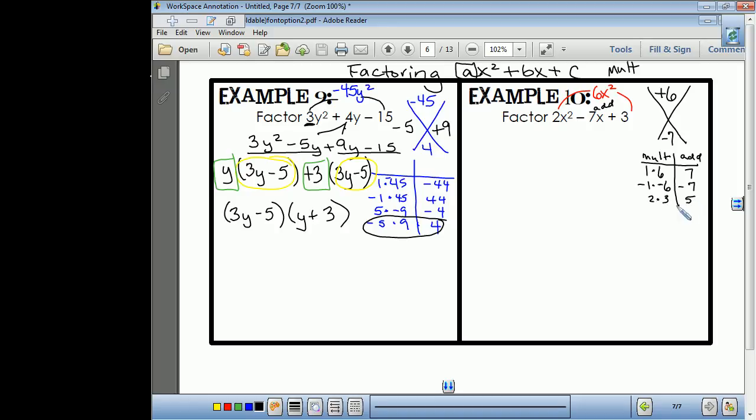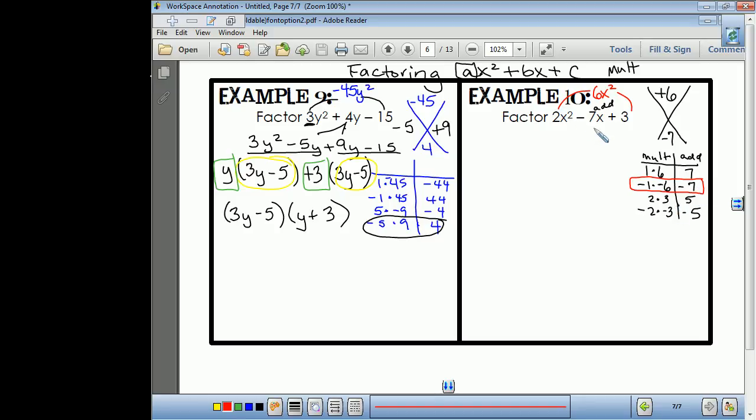Because I've already answered my question. Mm-hmm. Okay, because this one I'm multiplying to get a positive 6, and I'm adding to get a negative 7. Do you guys see that this does it? Multiplies to give me positive 6, adds to give me negative 7.